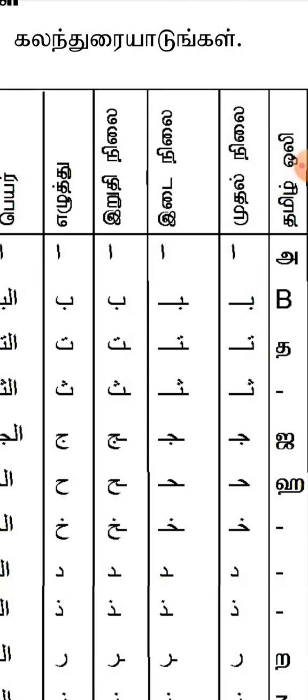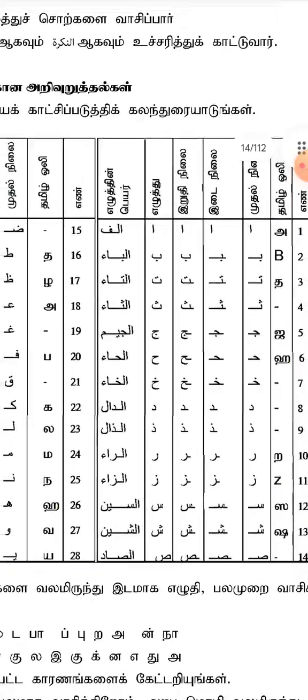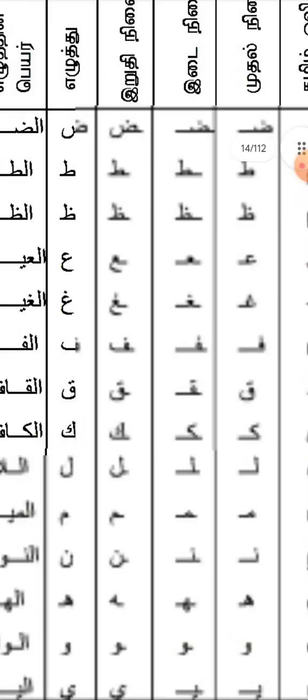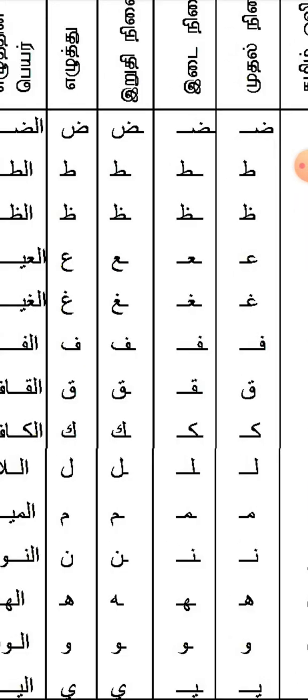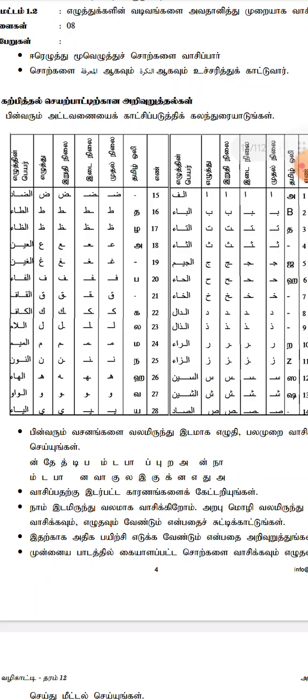And then ba, first ba in the second place, and in that way they had given all the letters in those columns. Here you can see Ain is in this way in the third place, and in the second place it is in this way. Okay, so we'll go on to the next one.